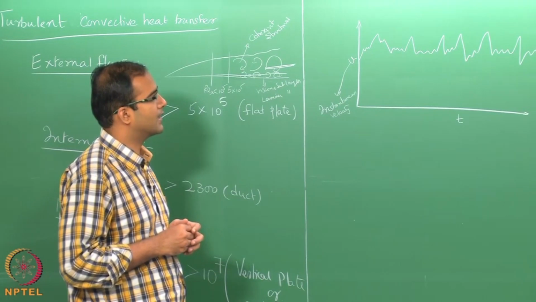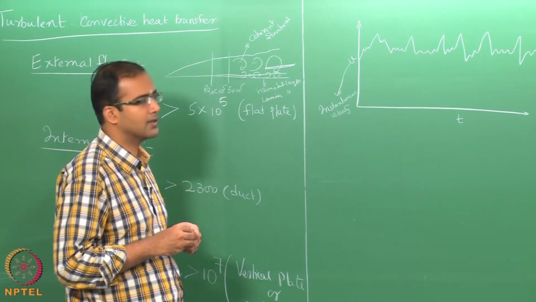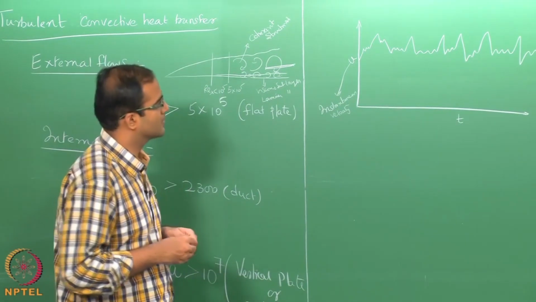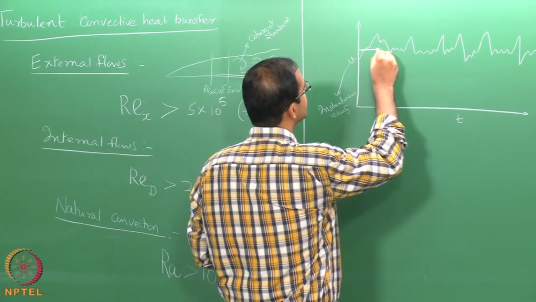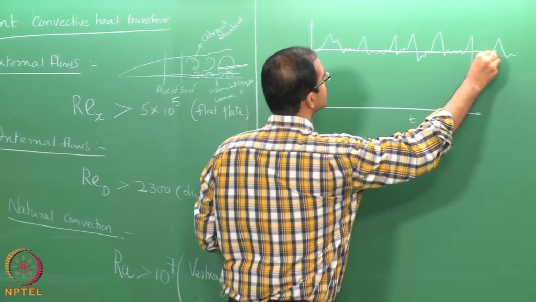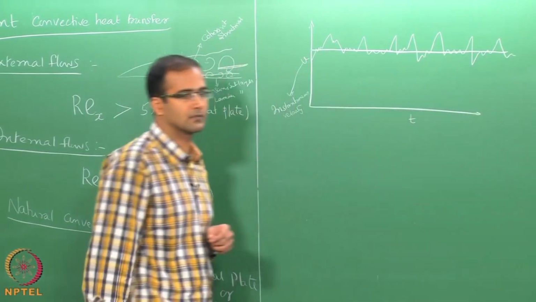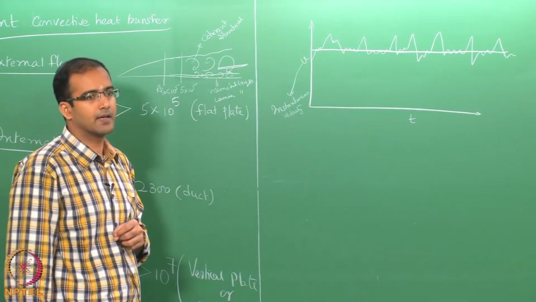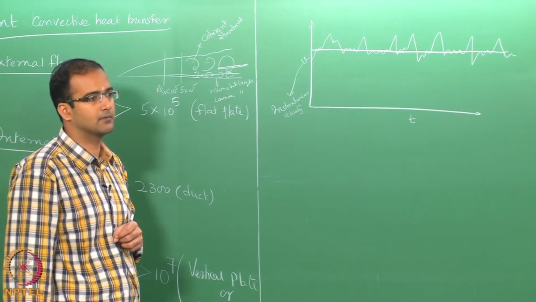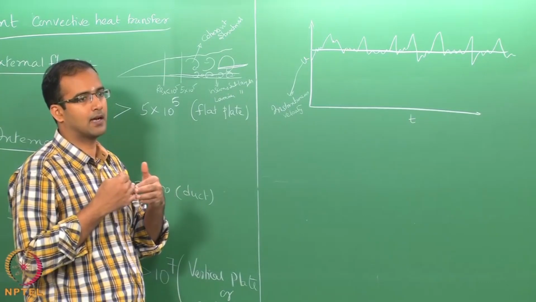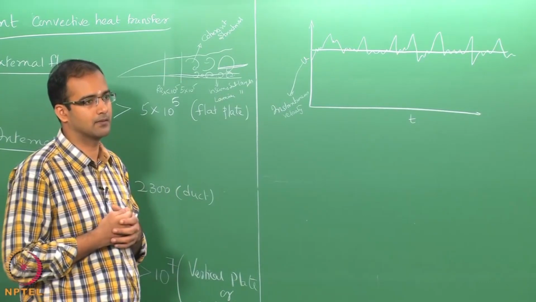Now that you can capture this, how do we post process? What we usually do is take an average of these readings. Okay. We can classify this entire instantaneous data into an average and a fluctuation about the mean.